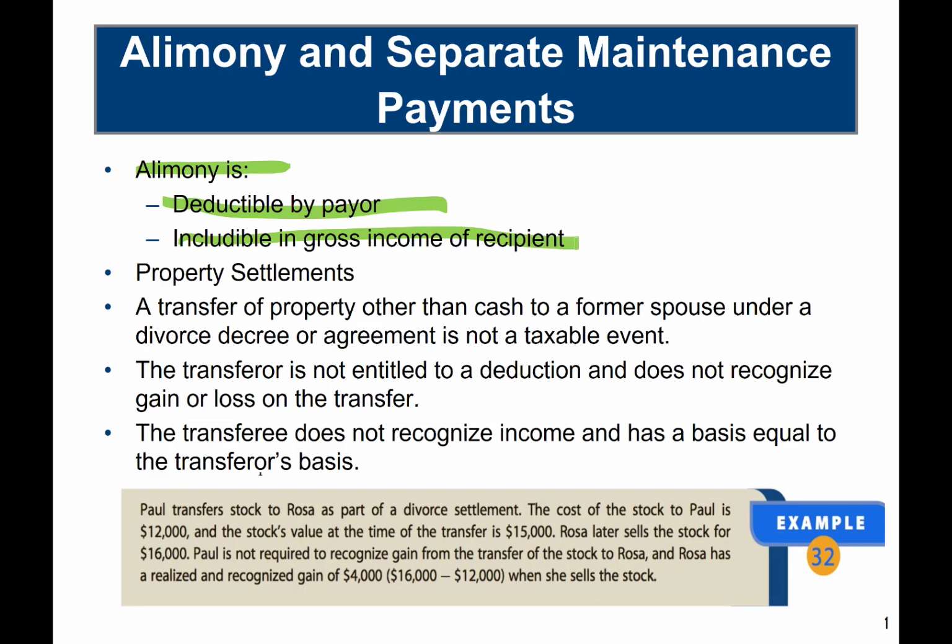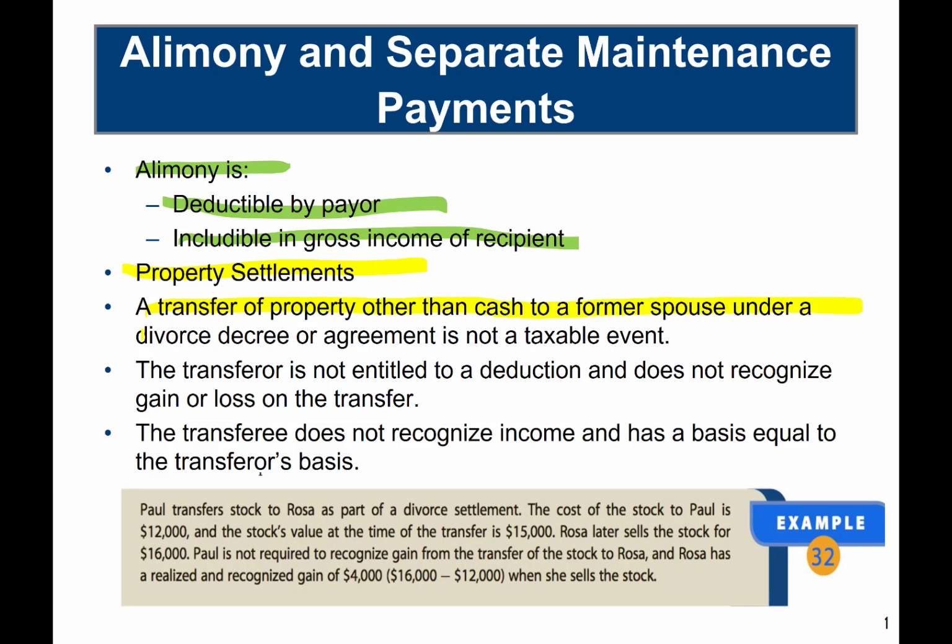So the person paying the alimony will be able to deduct that as an adjustment to gross income. Meanwhile, the receiver is going to have to include that in their gross income.